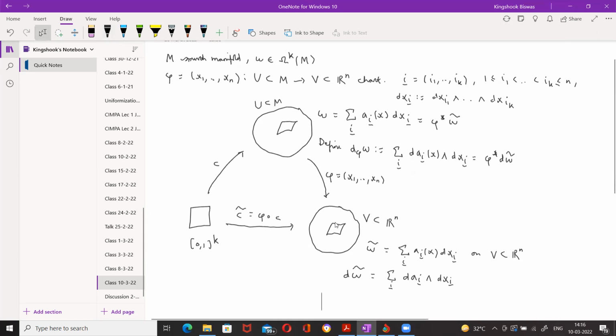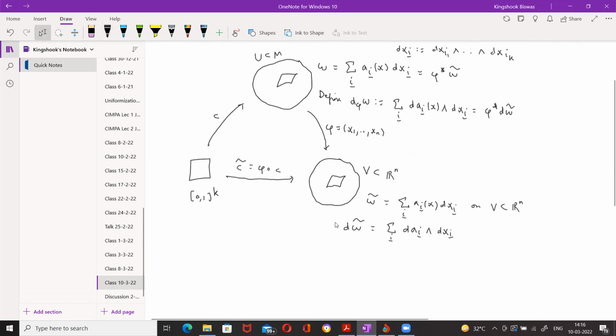Now I want to use the fact that we have Stokes' theorem for chains in Rn and differential forms in Rn.